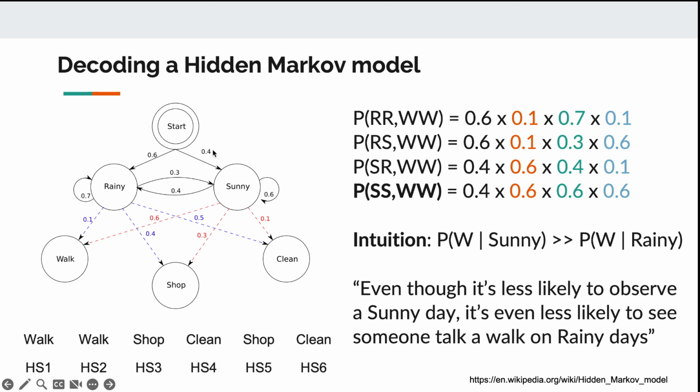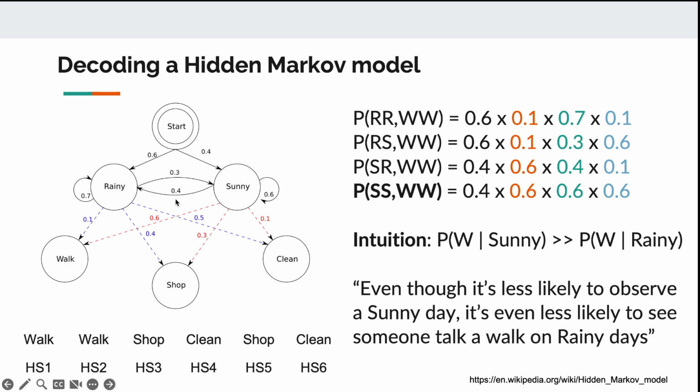Even though the probability of a sunny day is lower than a rainy day in general, if you don't have any information and someone asks, is it rainy or sunny, you're going to answer rainy because it's 0.6 versus 0.4. But now that you see someone taking a walk twice in a row, even if sunny is less likely overall, it's much more likely now, given that you know that people take a walk.